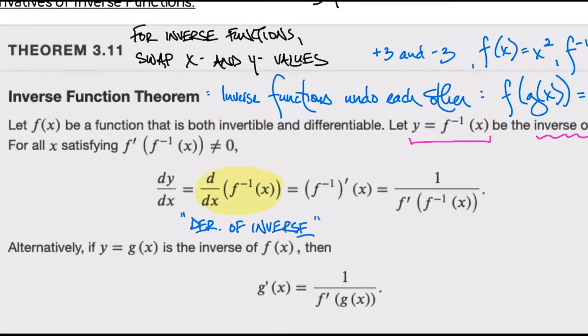Okay, the derivative of the inverse. No, Desmos is not allowed on exams. Okay, so this is why I think it's really important as we move through the units to build that knowledge in, because exam day is you and your exam.